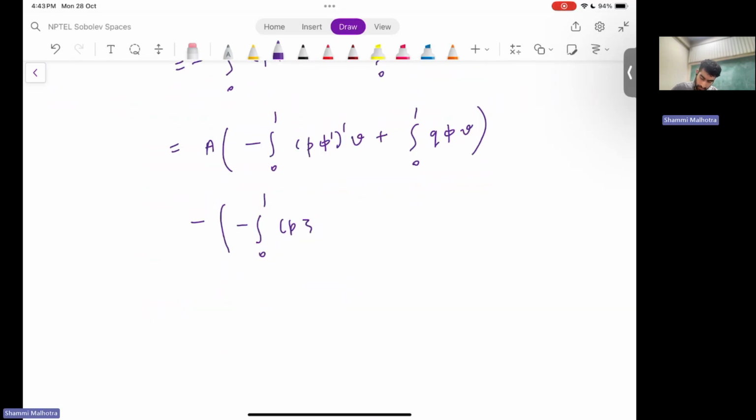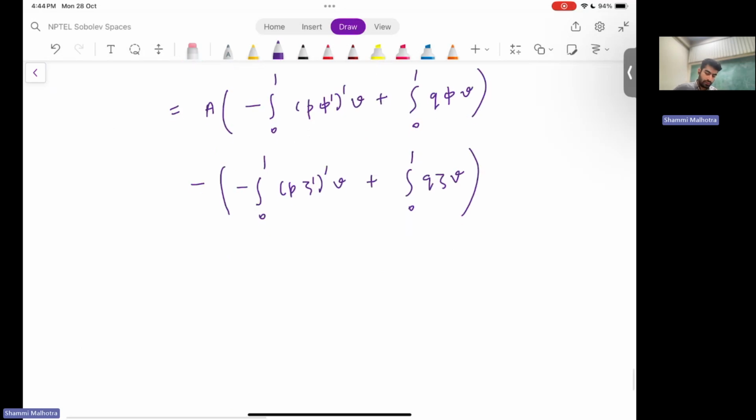So this is (zeta dash) dash v plus the integral from 0 to 1 of q zeta v. But I know that zeta is a solution for this thing from part 2, and not only that, once zeta is a solution, this integral also vanishes.